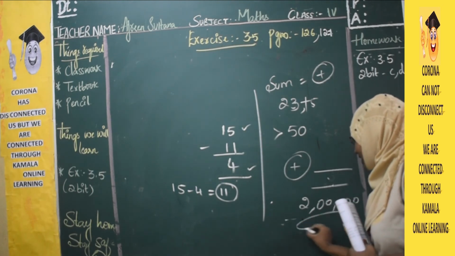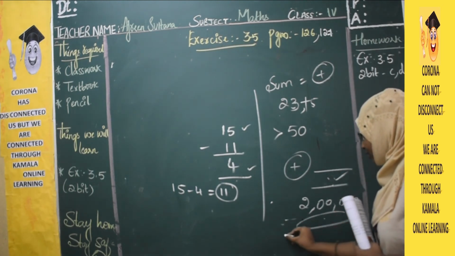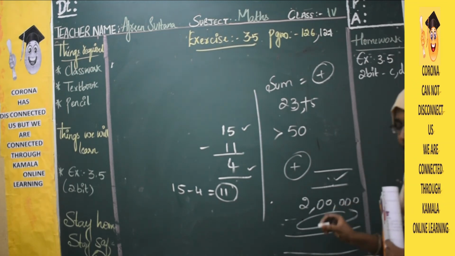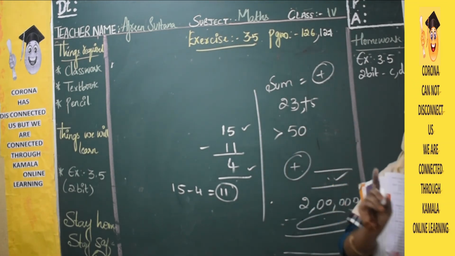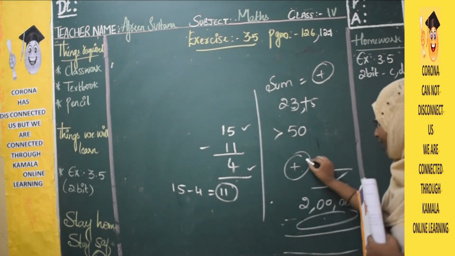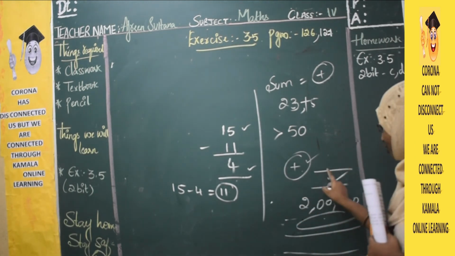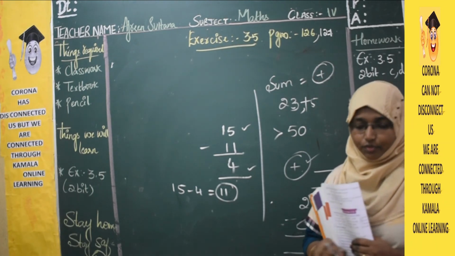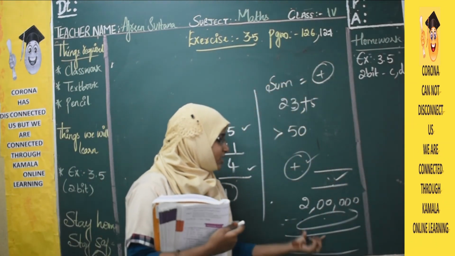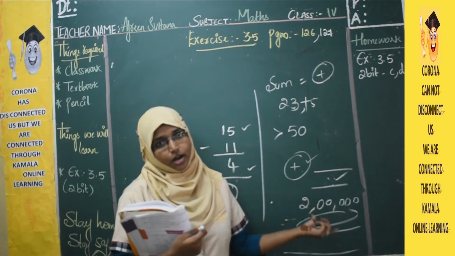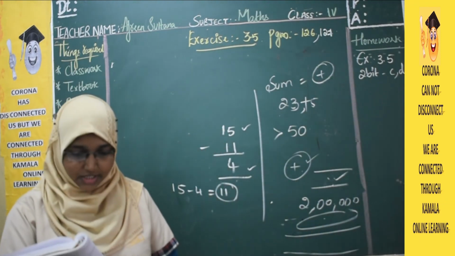So there are two processes. First you find the addition of the first two numbers, then you subtract that from 2 lakh. Whatever answer you get, that is your difference, which means by that much the sum of the two numbers is less than 2 lakh. Okay, I hope it is very clear.